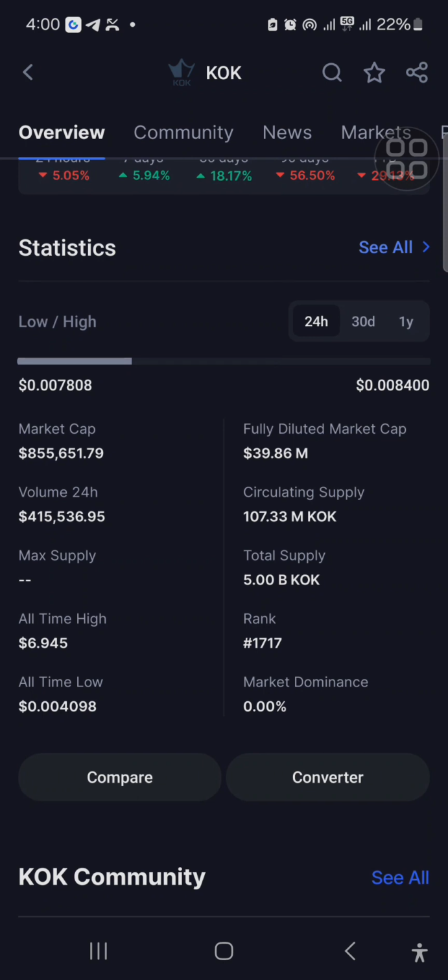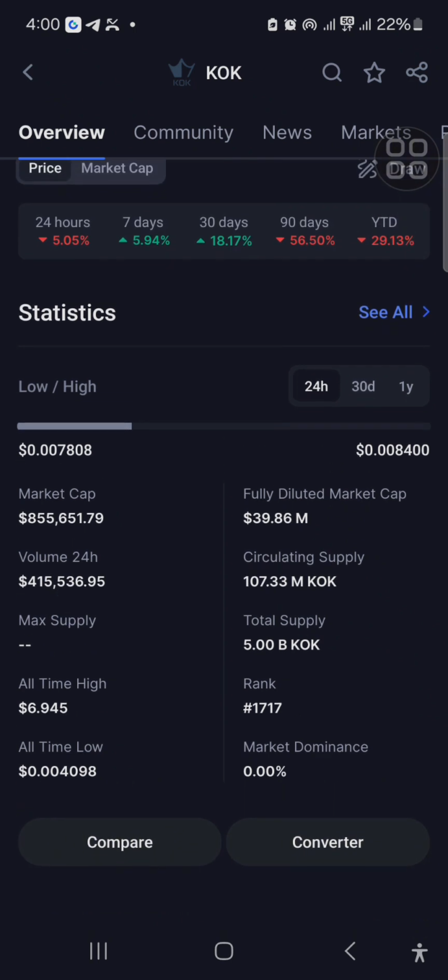Let's say a coin is currently at $5 price that you are seeing, and its market cap is about $60 million.